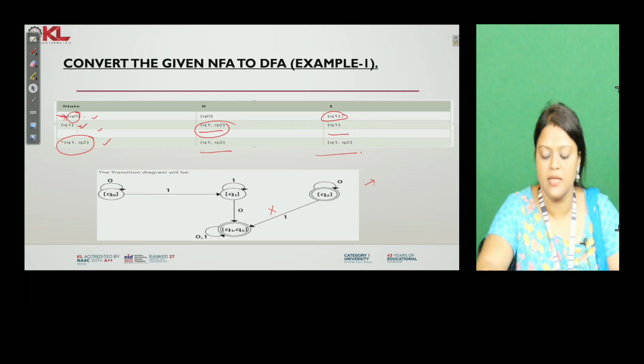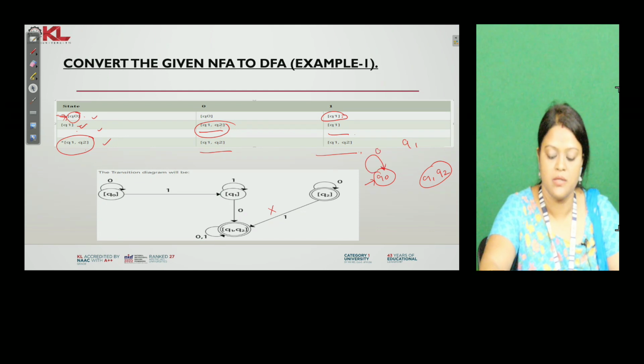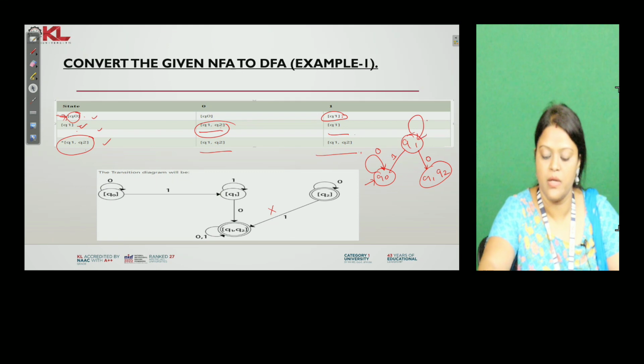So if we design this diagram, we start with Q0, we have one state Q1, and another state Q0 Q1 Q2. From Q1 we go to Q1 by 0, and by 1 we go to Q1. From Q1 we go to Q1 Q2 by 0, and by 1 we have a self loop.